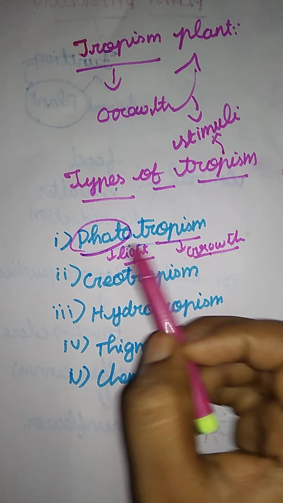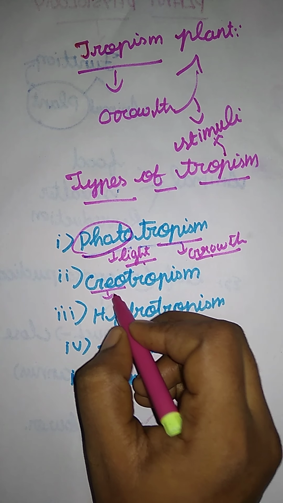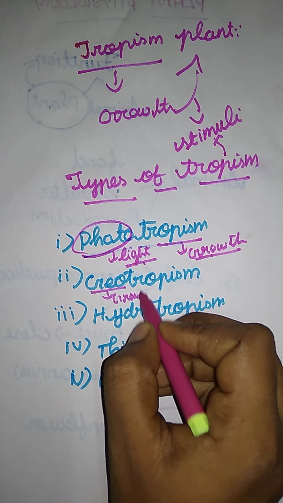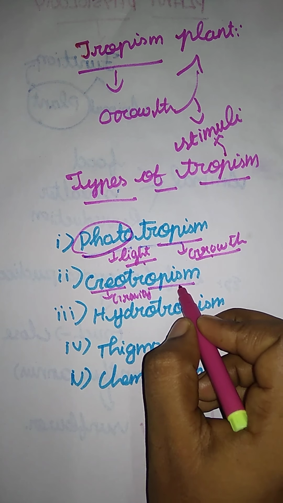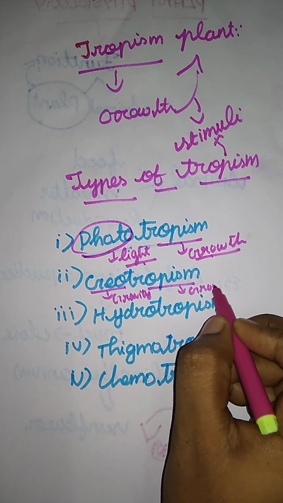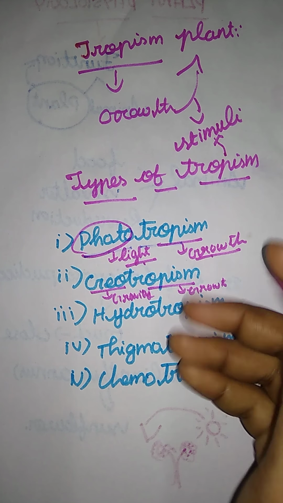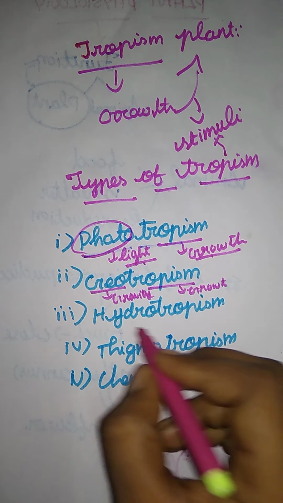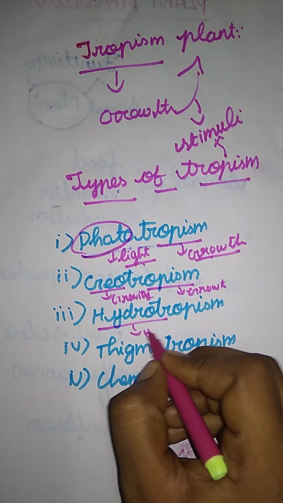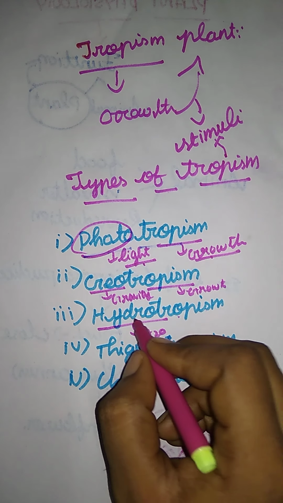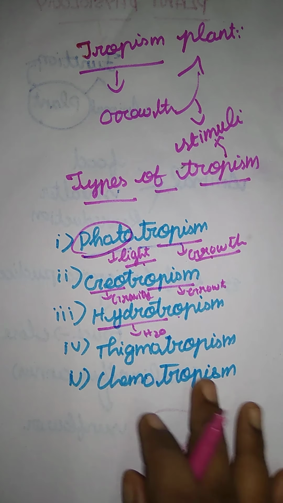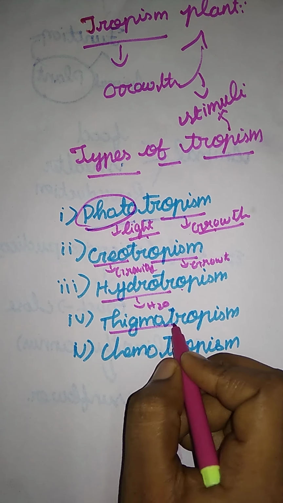That is phototrophism. And geotrophism, that is the gravity. What is geotrophism? Geo is gravity, trophism means growth. Based on the gravity, they are growing a plant body. That is the geotrophism. And hydro, water. A growth of a plant based on the water surface area. Okay, and next one, thigmotrophism.